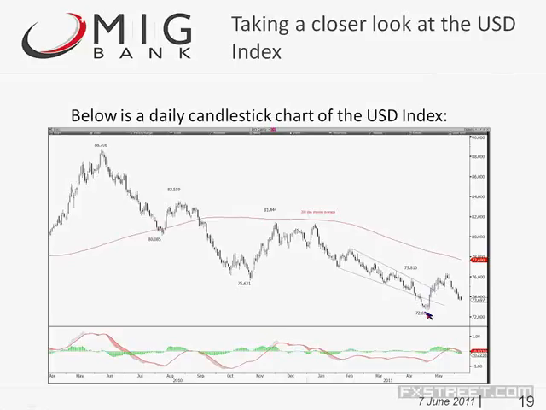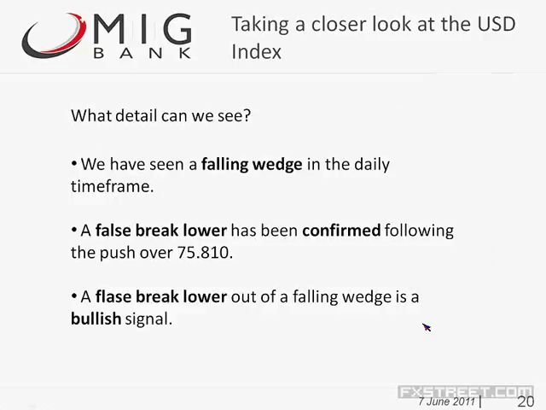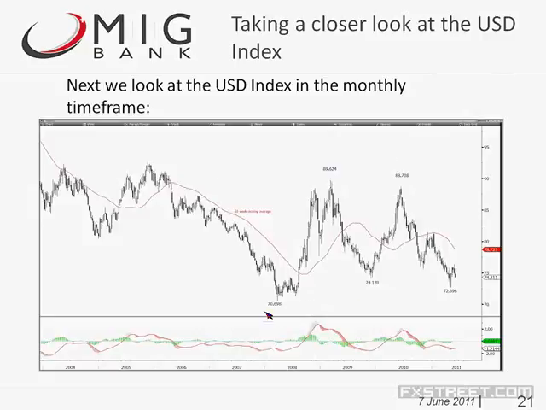We've seen a breakout of the wedge which failed to hold. The market has pushed back up again, and we've broken back over this 75.810 level. So this to me is a confirmed false break lower out of a falling wedge, and that typically is a bullish signal. So for me, I'm seeing a bullish signal here for the US dollar.